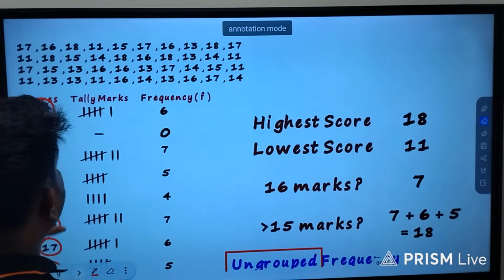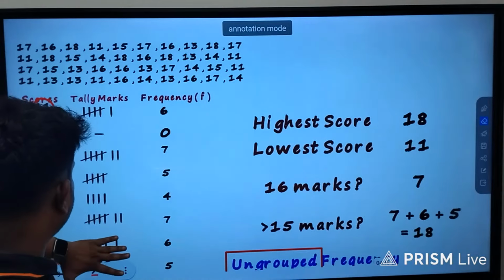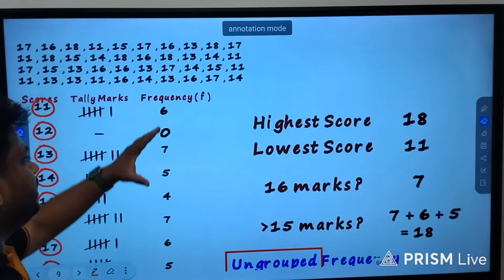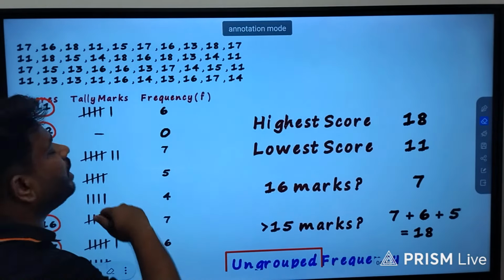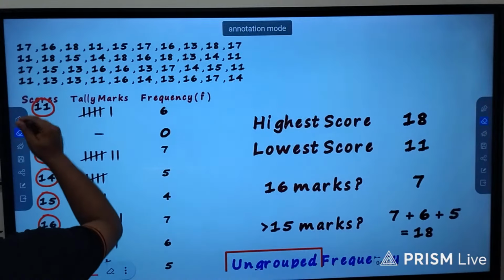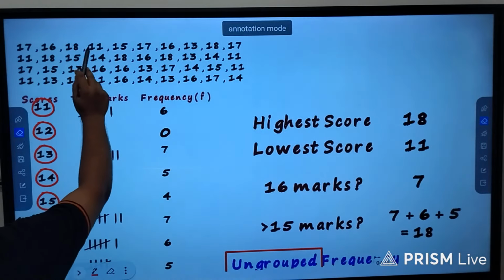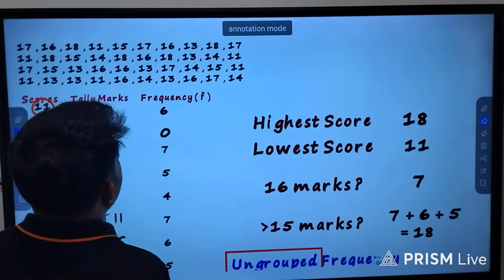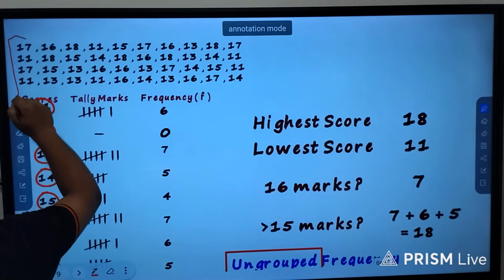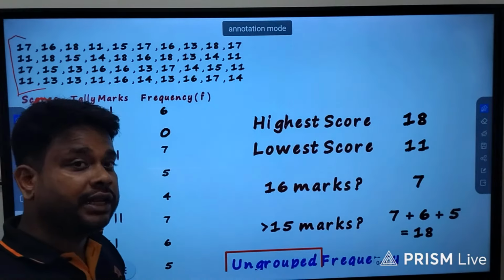Here they have showcased the tally marks of the scores, and the frequency means how many times that number is coming. So here we have 40, a collection of raw data that includes 40 numbers.